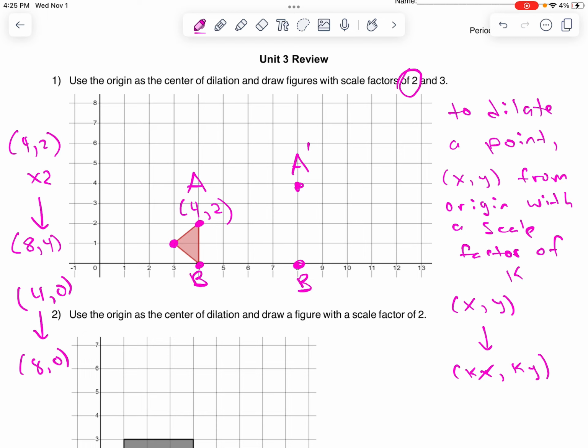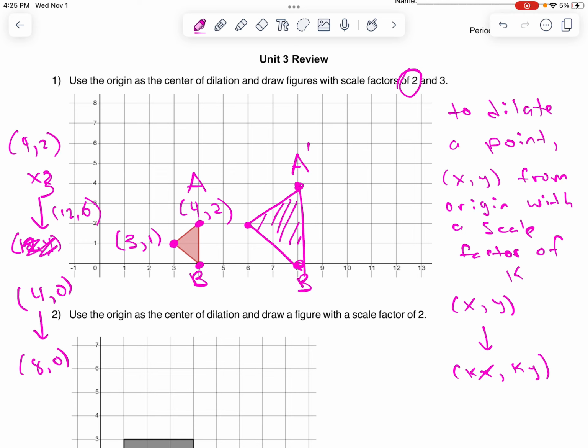And then finally this point right here, that is 3, 1. Then we're going to multiply both of those by 2, and that's going to become 6, 2. And so we have this kind of thing. Now the two triangles should look like they are the same shape, just one bigger than the other. All right, so now if we multiply it by a scale factor of 3, then that's going to be 12, 6.